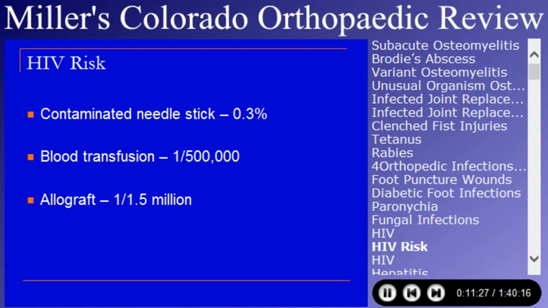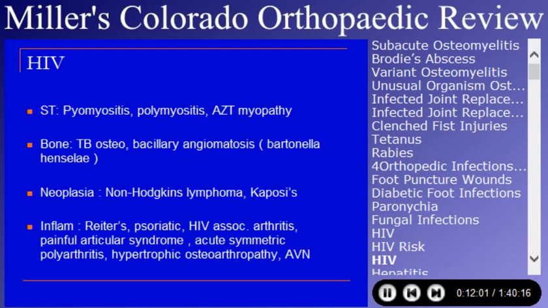One of you may have, but one of the last residents that stuck me said that she'd read an article that said it had probably not been reported as a needle stick through gloves, and I hope that's true. It occurs as a risk of blood transfusion. Newest number I've seen actually is higher than that. It's probably closer to 1 in 1.5 million, I think. Similar to the allograft incidence with more modern testing. At any rate, the incidence is low, but something y'all are all aware of.